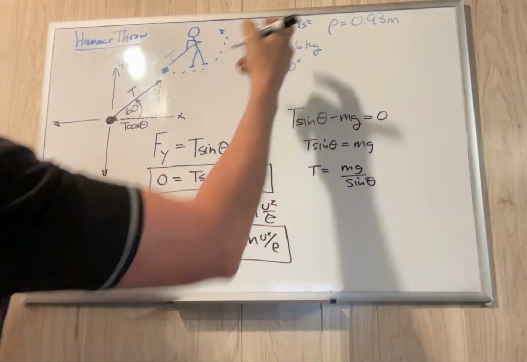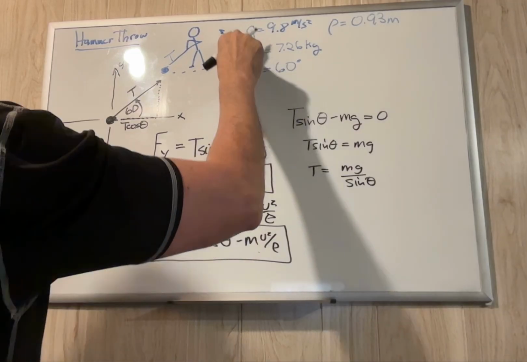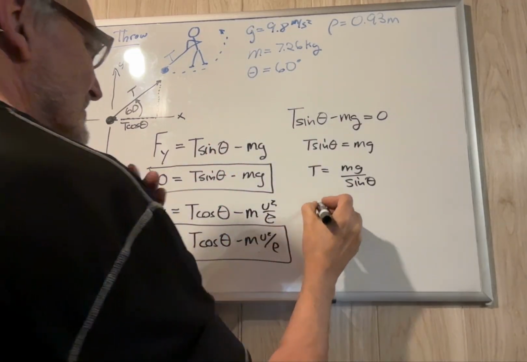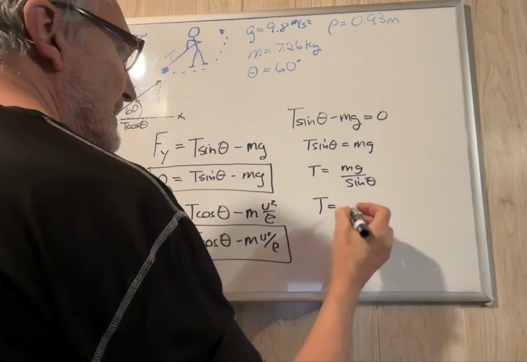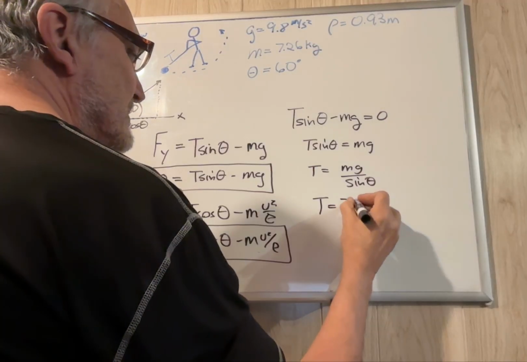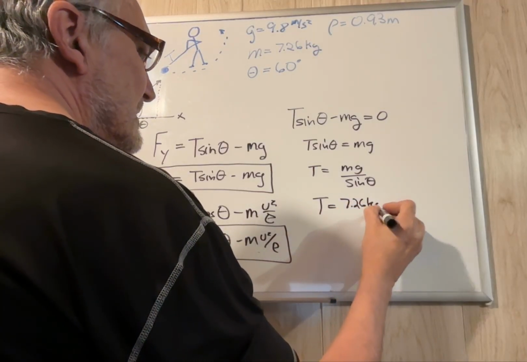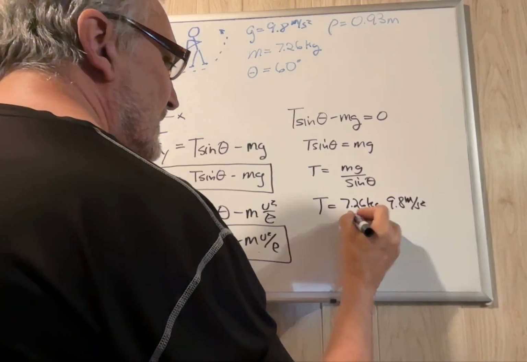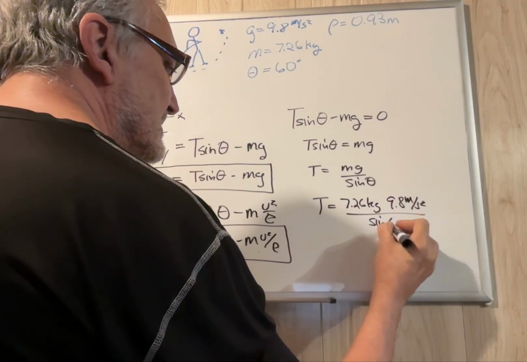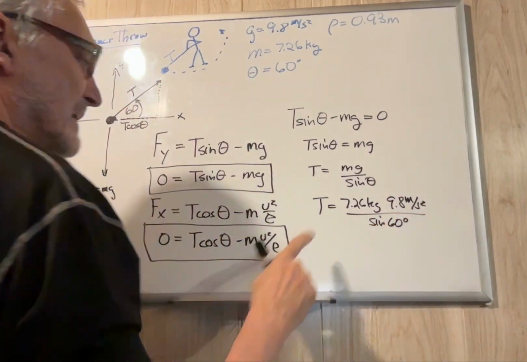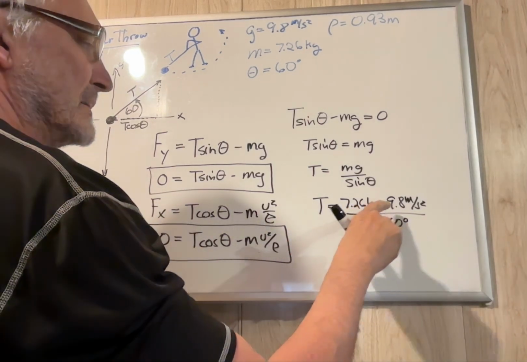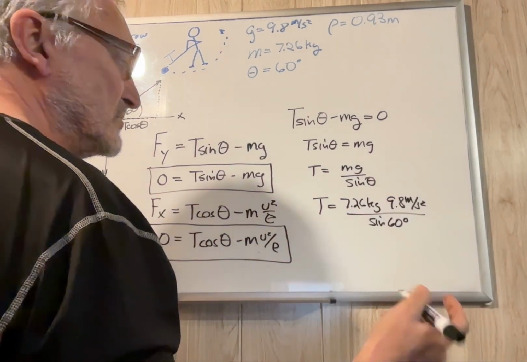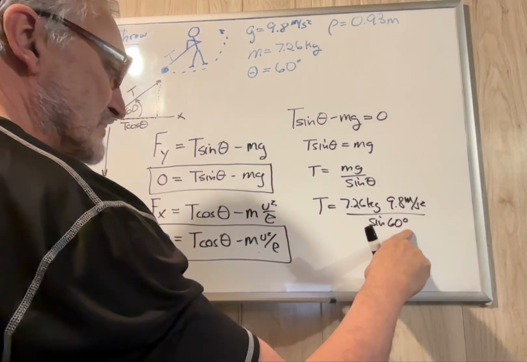All right, well, from the initial conditions, we know m, we know g, and we know the sine of theta. So tension in this case is going to be mass, which is 7.26 kilograms times 9.8 meters per second squared, divided by the sine of 60 degrees. Now if we look at this, kilograms meters per second squared, that's a Newton. The sine has no units at all.